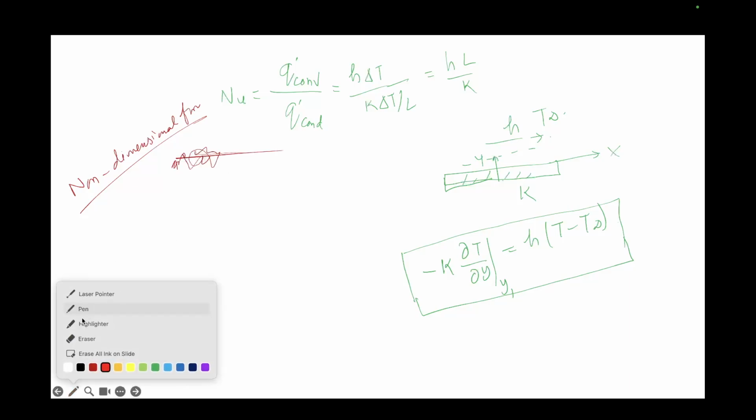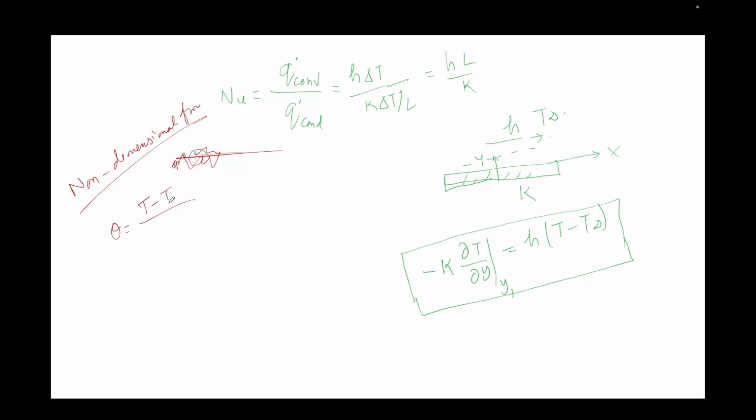Okay, let us forget this. So theta is T minus T wall, where this is the wall temperature, divided by T infinity minus T wall. That is the non-dimensional temperature.